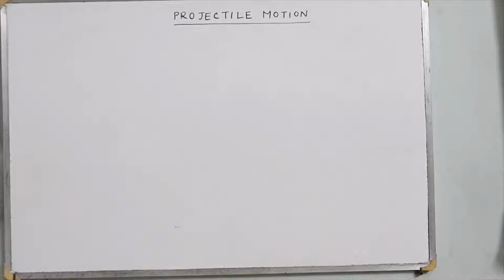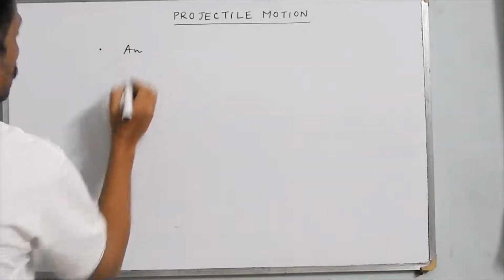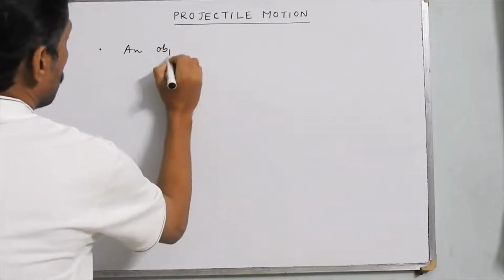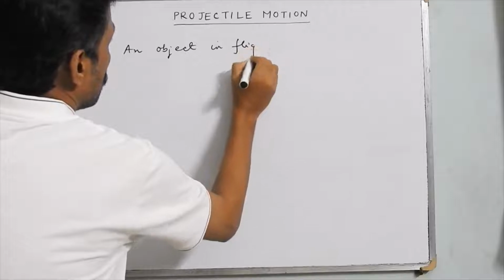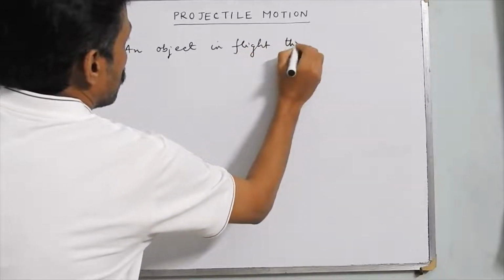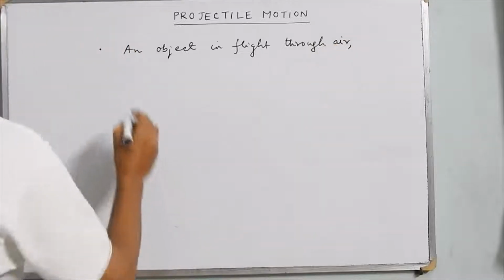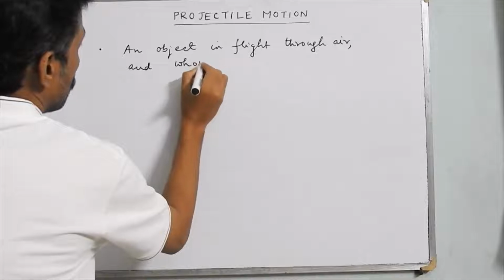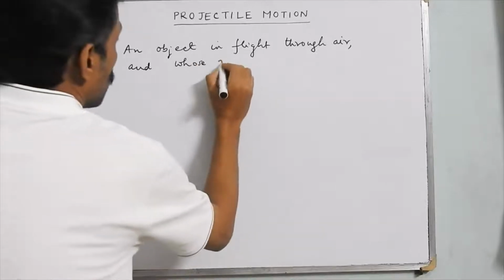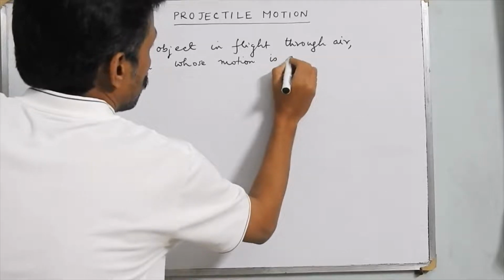So we can say that an object in flight through air, and whose motion is controlled by gravity only, is a projectile.